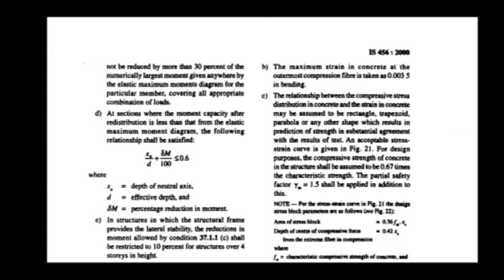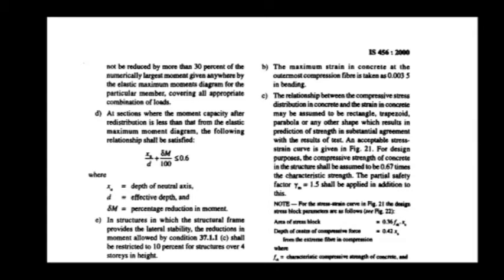Assumption C: the relationship between the compressive stress distribution in concrete and the strain in concrete may be assumed to be rectangle, trapezoid, parabola or any other shape which results in prediction of strength in substantial agreement with the result of tests. An acceptable stress-strain curve is given in figure number 21.